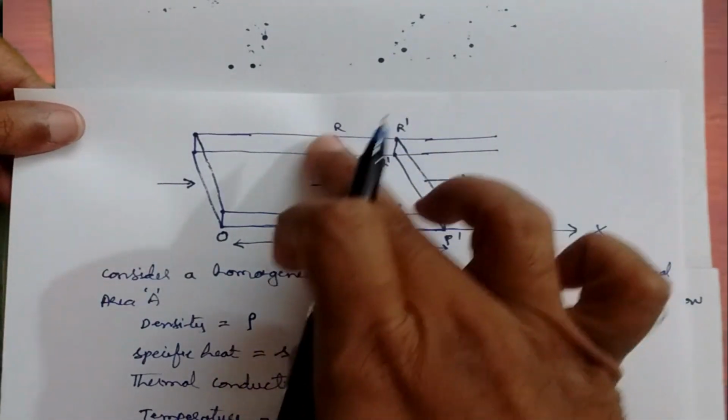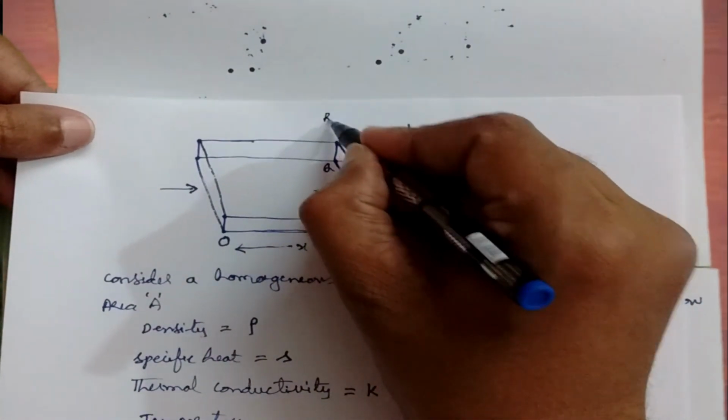This represents your Ri, rate of inflow.